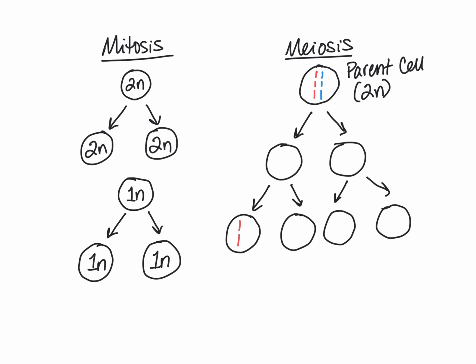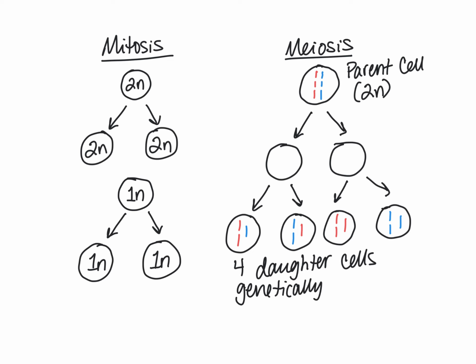And these daughter cells are genetically different from each other and genetically different from the parent cell. These daughter cells are also all haploid, or 1N. So during meiosis, you go from a diploid cell to a haploid cell.